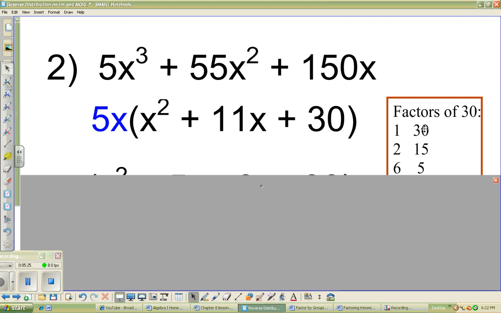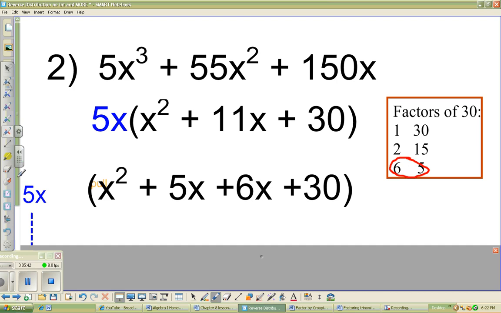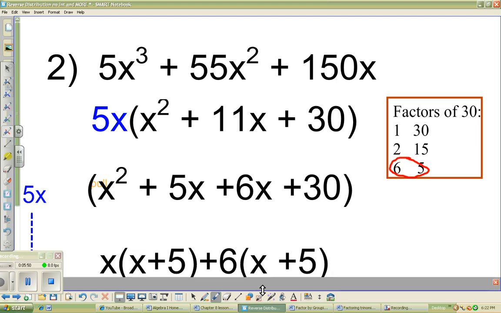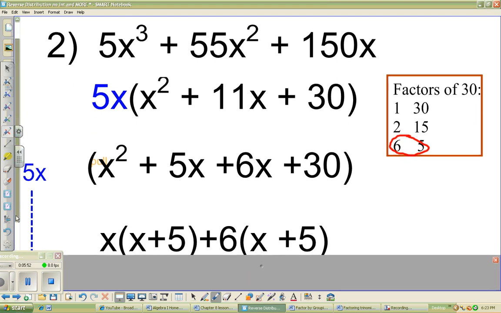Well, here's the factors of 30, and we see that 6 and 5 added together will give us the 11 x's that we need. So we will break up the 11 x's into 6 x's plus 5 x's. Let's park our 5x factor over here and just focus on this 11 x's, which is now 5 x's plus 6 x's. Then we will group the first two terms.